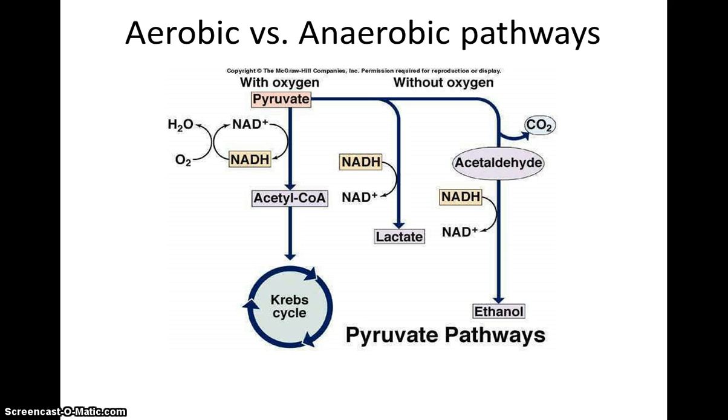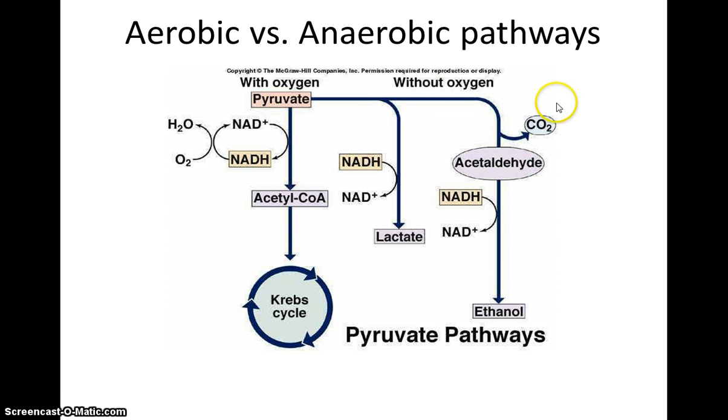As a reminder, here is what this looks like overall. If you have oxygen, so aerobic, pyruvate, which is produced during glycolysis, will be turned into acetyl-CoA, which goes into the Krebs cycle, and then further to the electron transport chain. In that case, you're producing NADH from NAD in the production of acetyl-CoA.